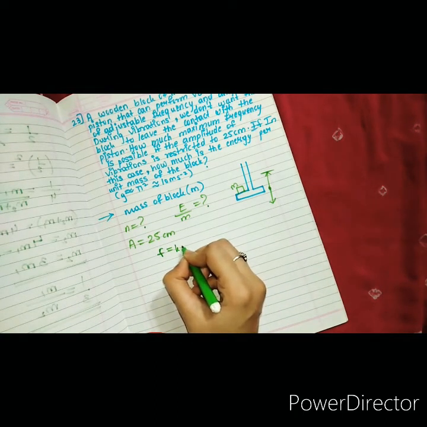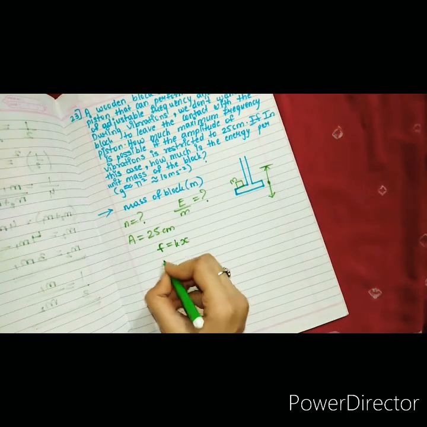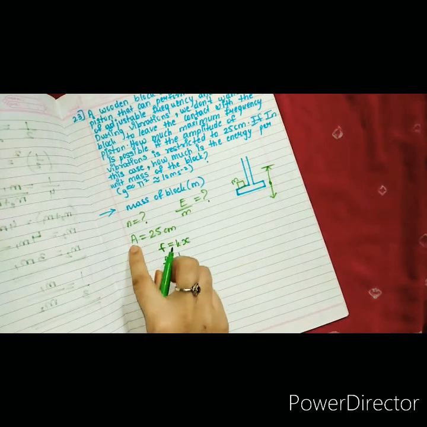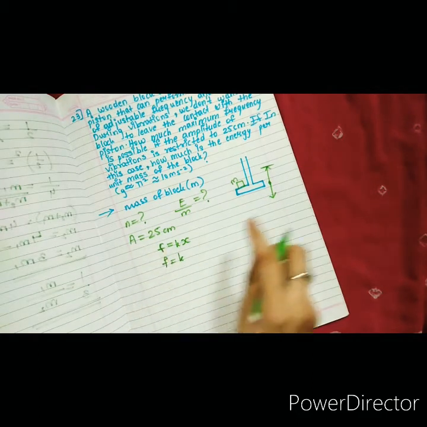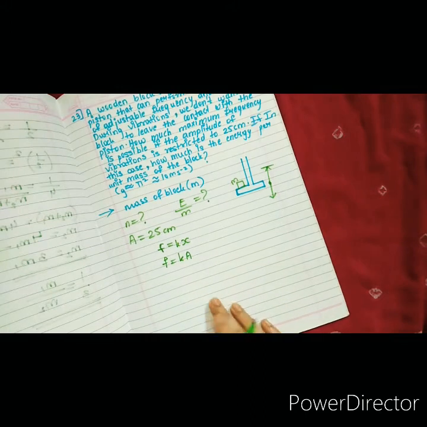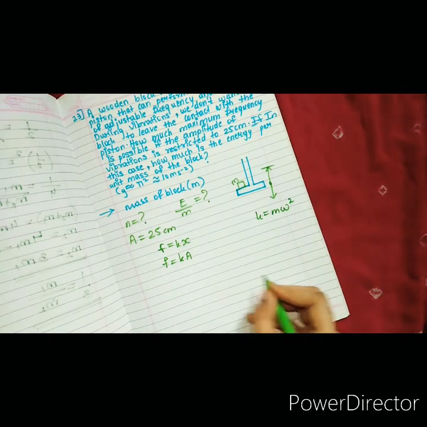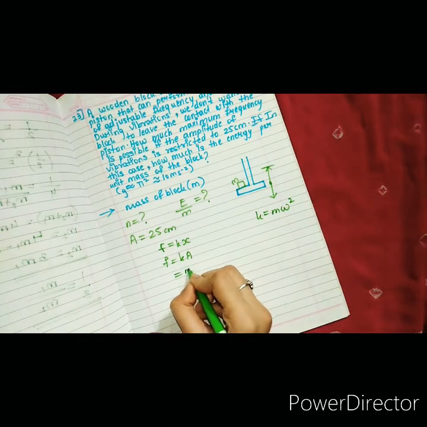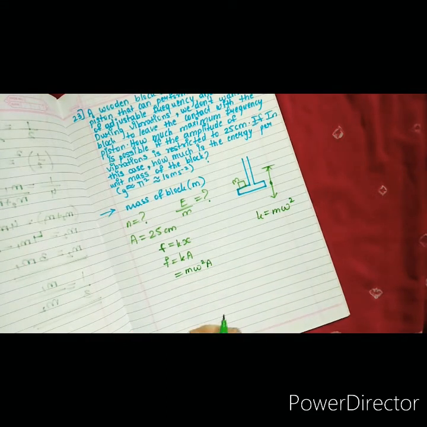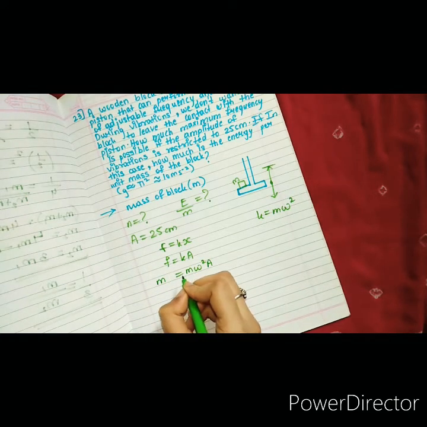Now here in place of displacement we'll take amplitude, because what is amplitude? Maximum displacement from the mean position. So here we have these formulas. What is k? m omega square. So we can write in place of k as m omega square and a. What is force? Mass into acceleration.